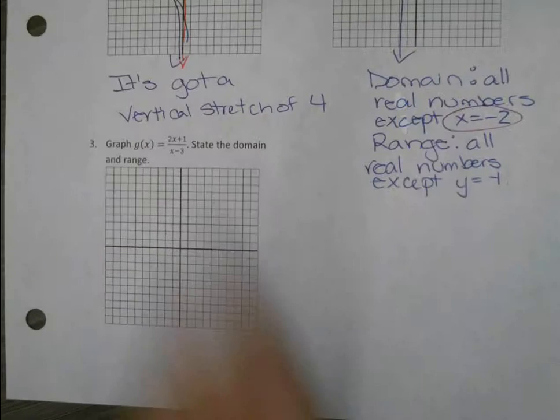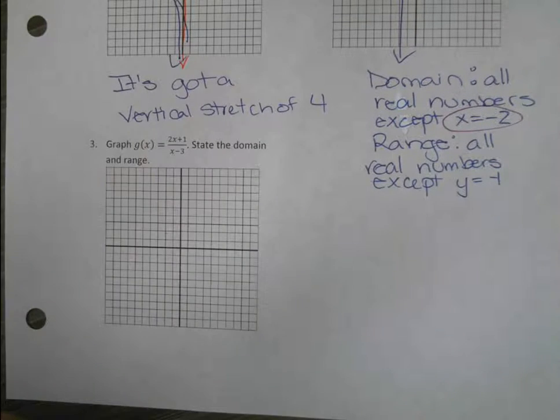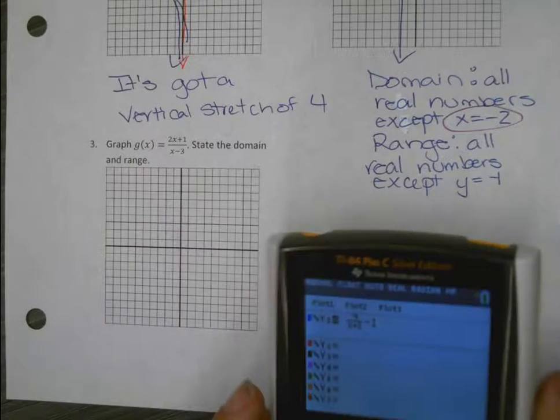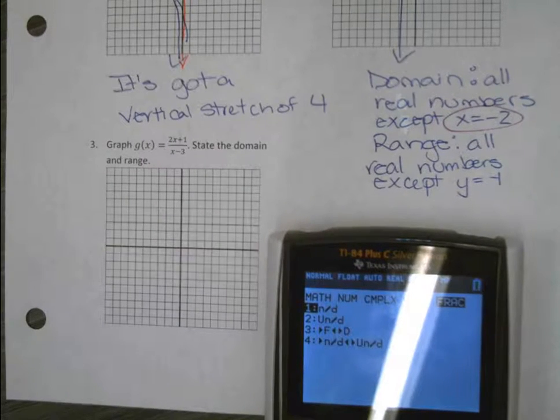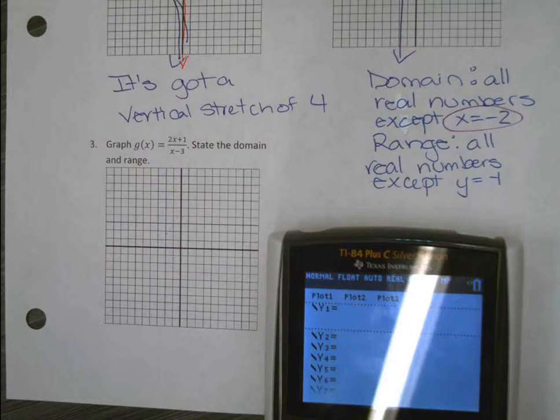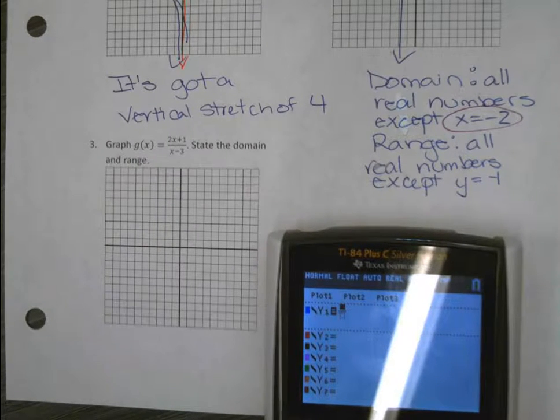So number 3, I'm going to go and graph it on the calculator. Remember, to do the fraction bar, I go to math, and then I move over to the word FRAC, choice 1, n divided by d, and then I type this in.